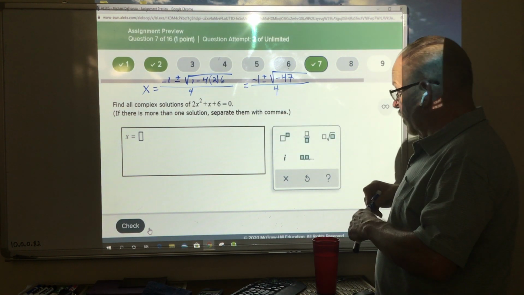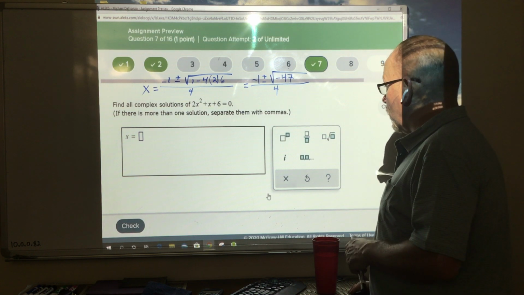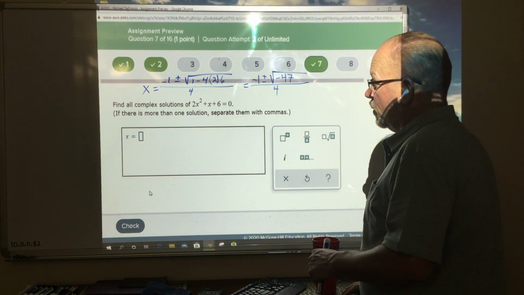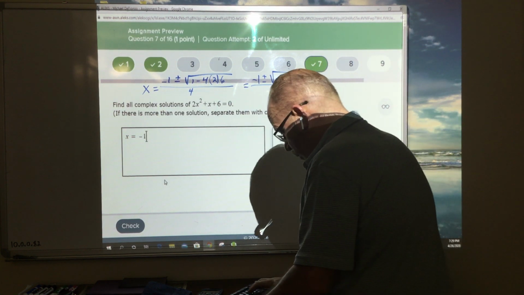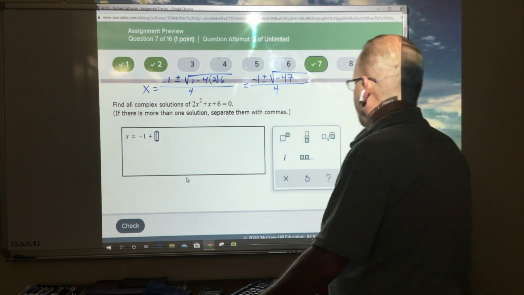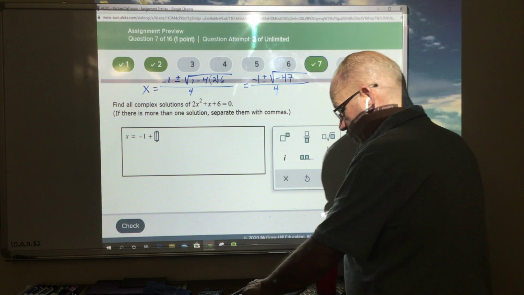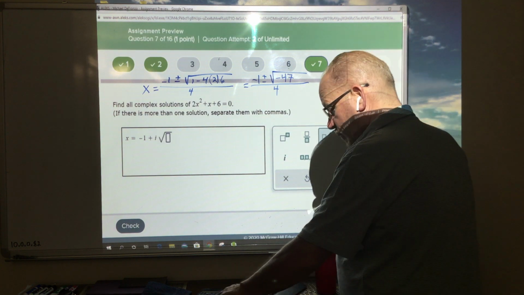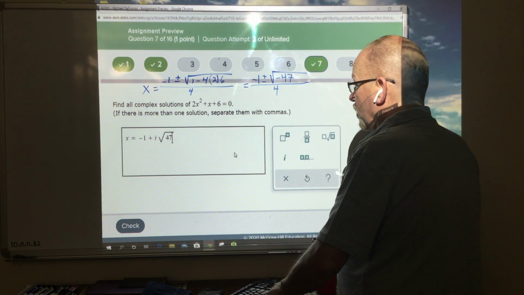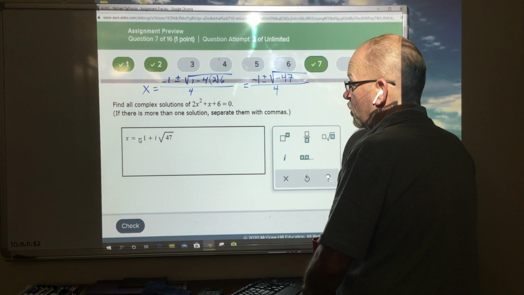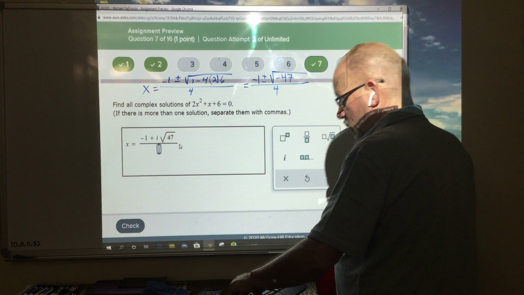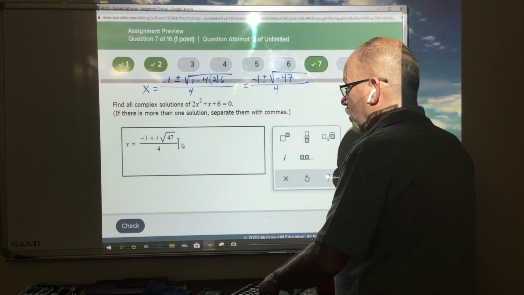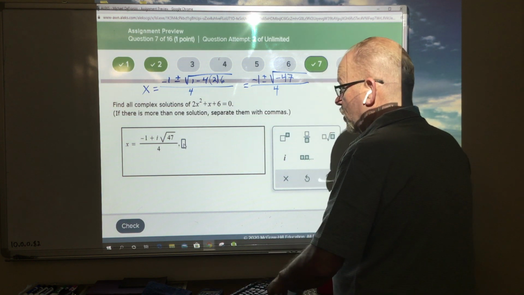So we're going to put in -1 plus i root 47, bring that all into the numerator, over 4, comma.